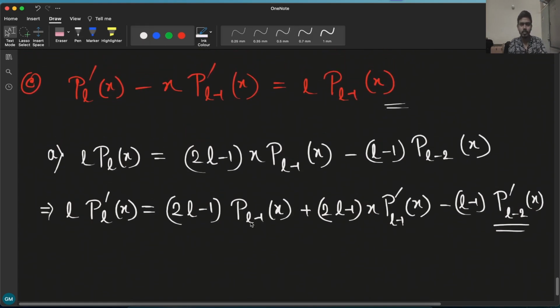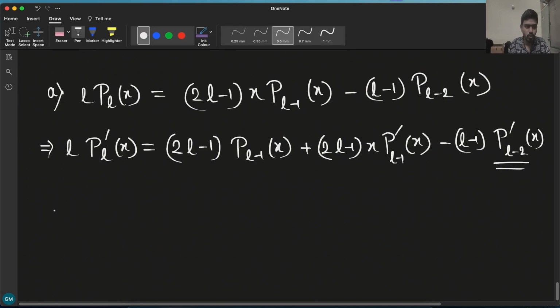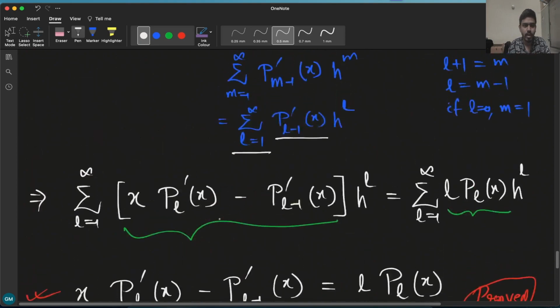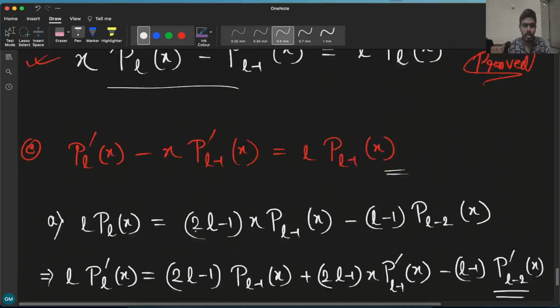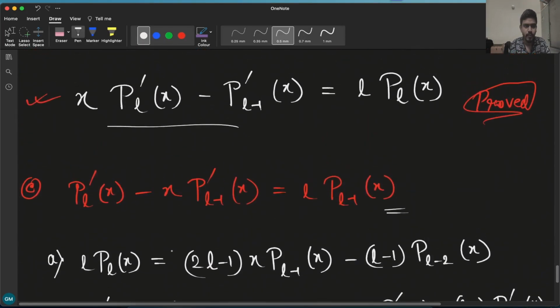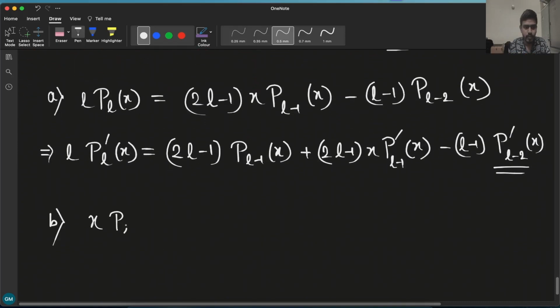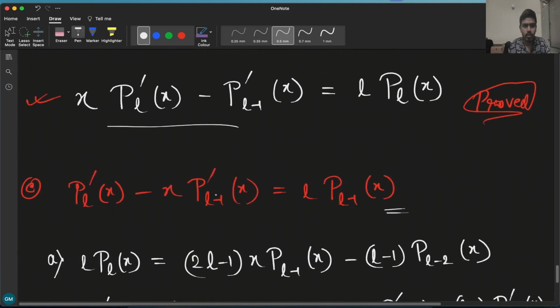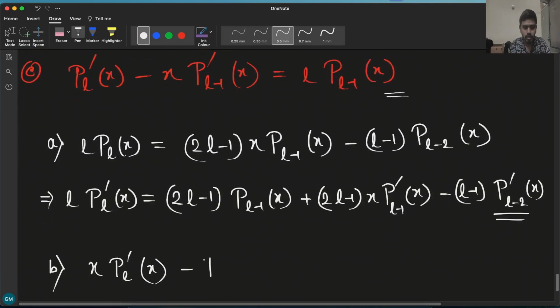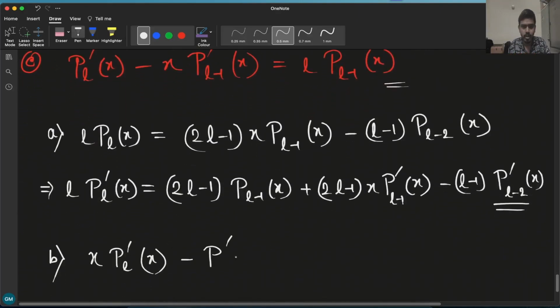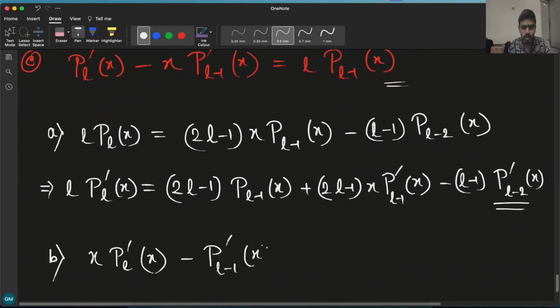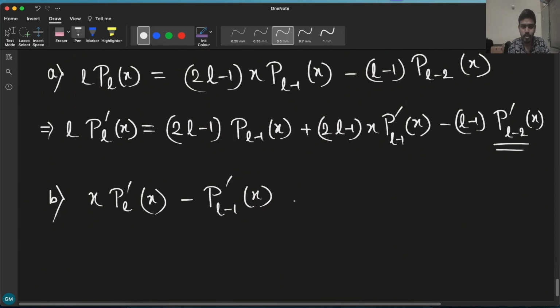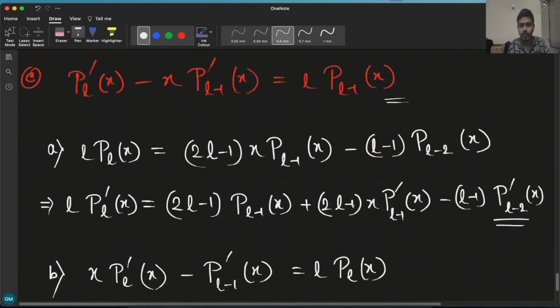So to do that, we need to take the help of recurrence relation B. And what is recurrence relation B? This is this one, right? Which is x p L dash x minus p L minus 1 dash x equals L times p L x, right?